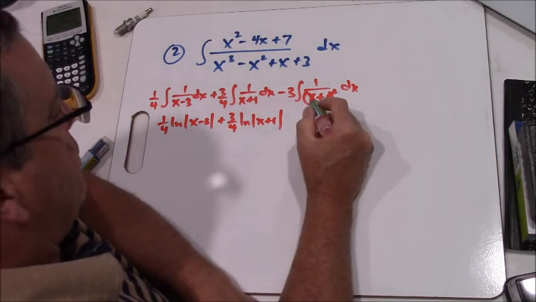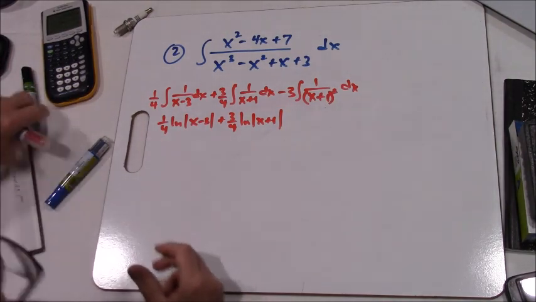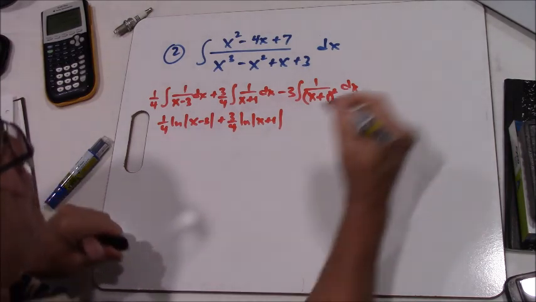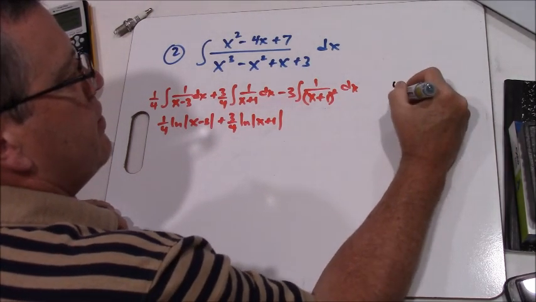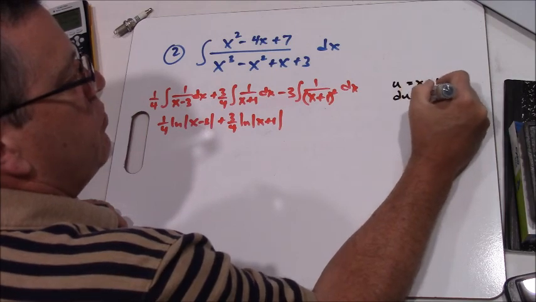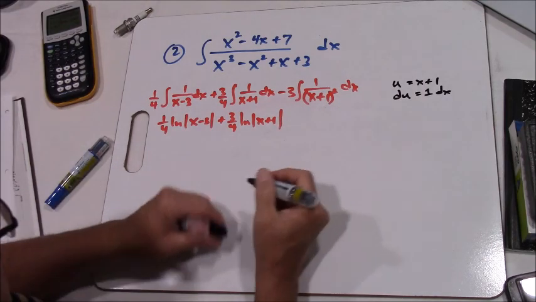And here I've got something inside parentheses raised to an exponent, and to me that sounds like substitution. So if I let u equal x plus 1, du is going to equal 1, and I just took the derivative of x, which I have that here.